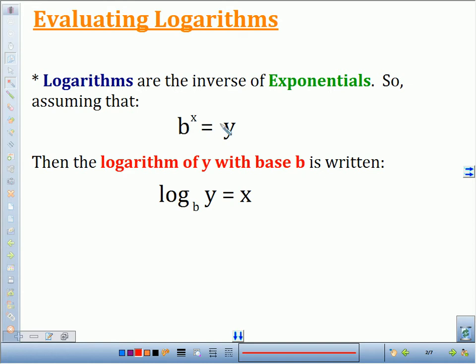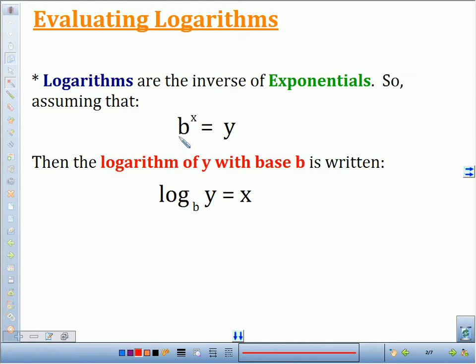Now what you should notice is these letters are basically the same, they're just reorganized. And we're going to see a little bit later why this happens and what's going on with that. But for now, we just want to memorize the definition of a logarithm and some basic evaluation techniques.